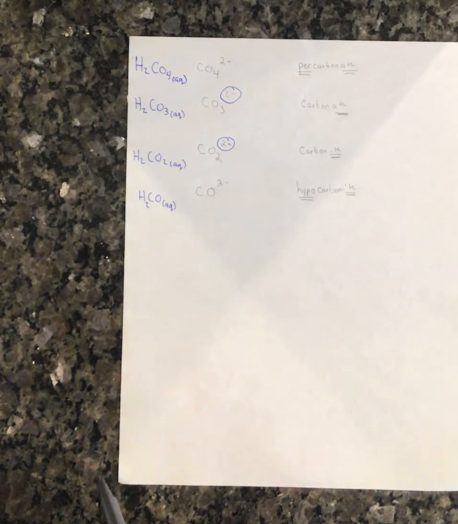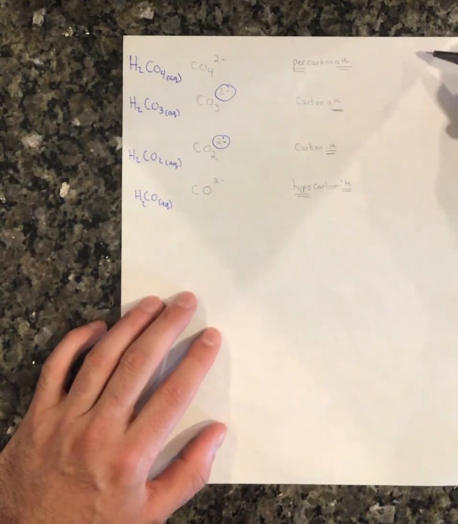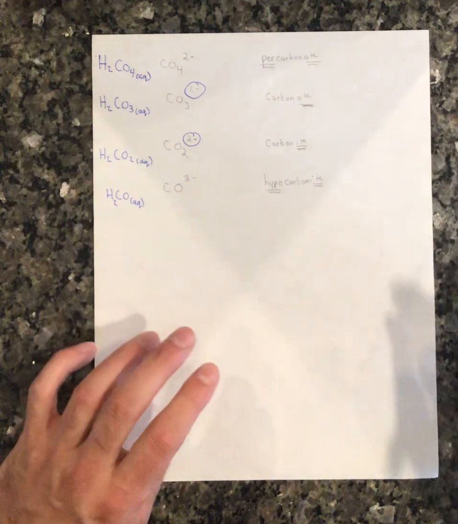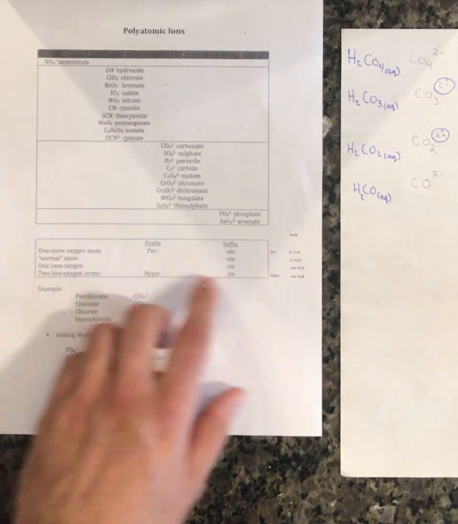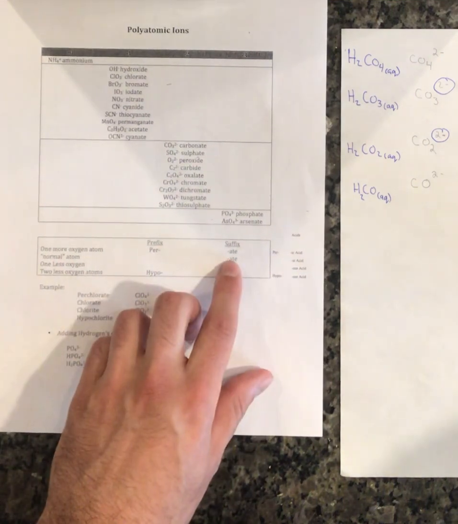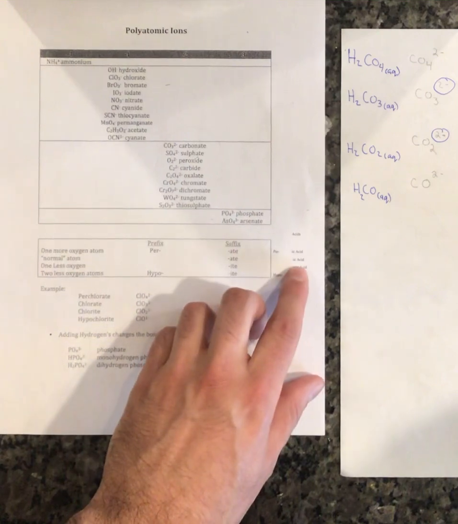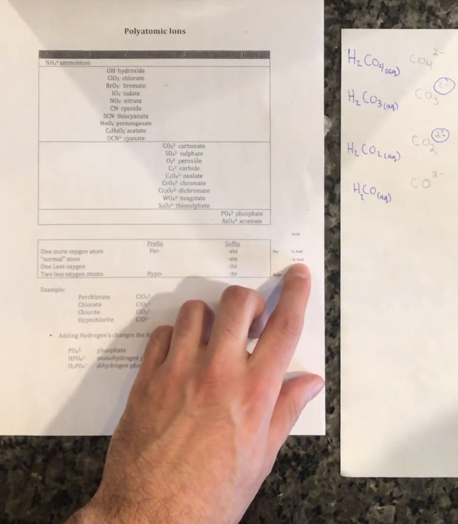Now, the last thing we're going to do is come up with our new acid names, and I'm going to put them here. So how we do this is once again by looking at this sheet. For the normal atom, instead of it ending in ATE, it's going to end in IC acid.